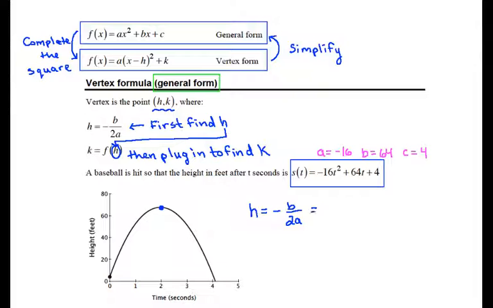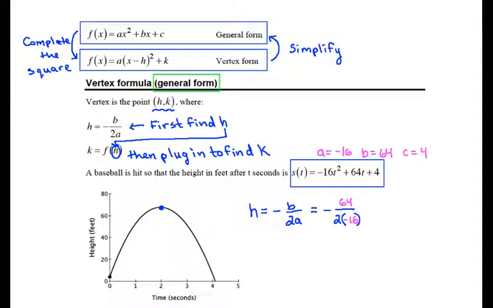We do need to be careful with signs in this formula, because notice that there is a minus sign in the formula itself. So if I have a negative value for my a or my b, I don't want to let that sign coincide with the negative in the formula. My b is 64, my a is negative 16.